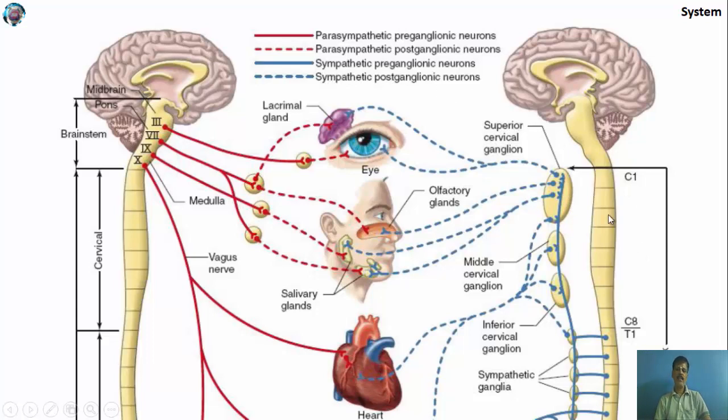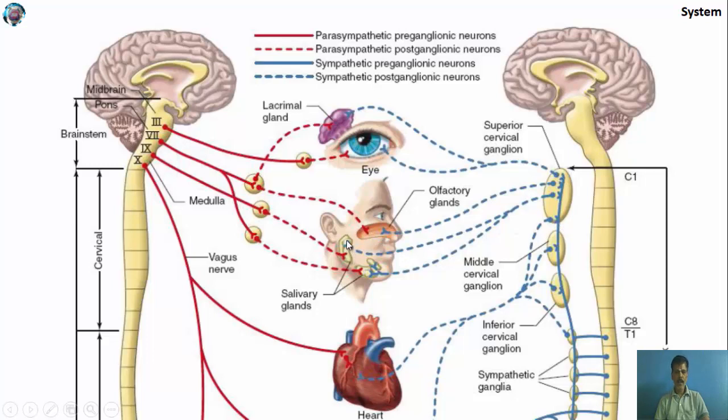You can see there is a formation of the superior cervical ganglion in the sympathetic nervous system, which provides a postganglionic neuron to the lacrimal gland and eye. They also provide neurons to the nose, nasal cavity, olfactory glands.